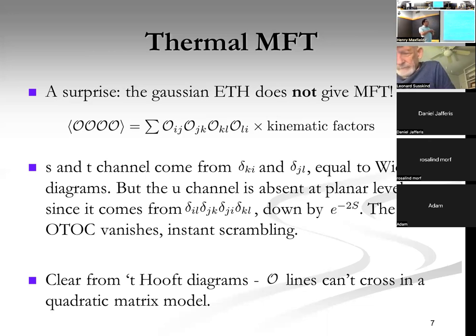So that diagram is down by e to the minus 2S, and it's zero at the planar level, right? So it's basically like the out-of-time-ordered correlator just vanishes at t equals 0, sort of instantly scrambled. Now, that in a way might not be too surprising because we just picked the matrices at random.